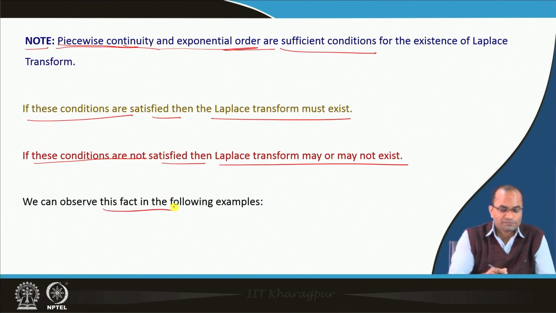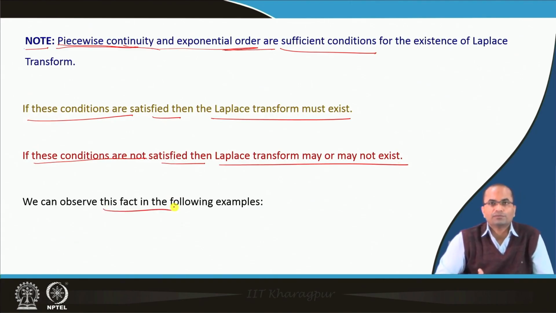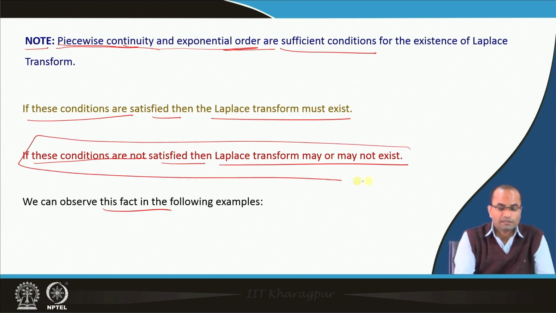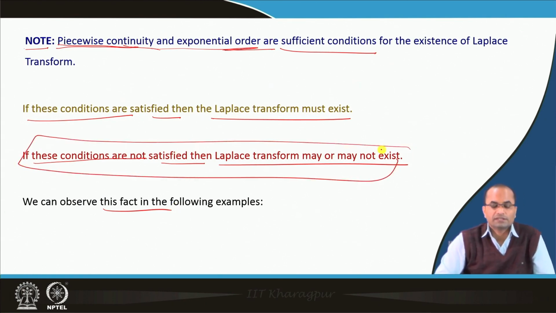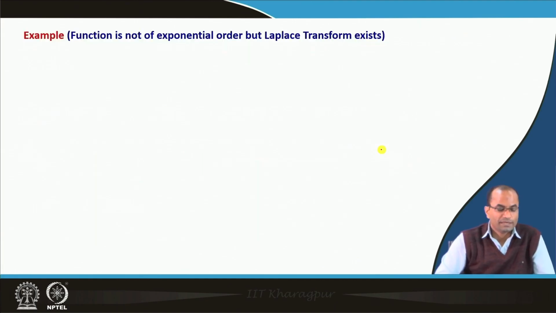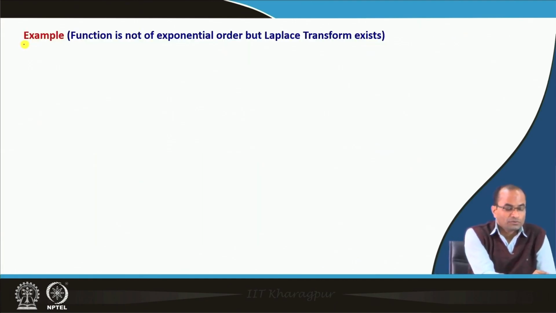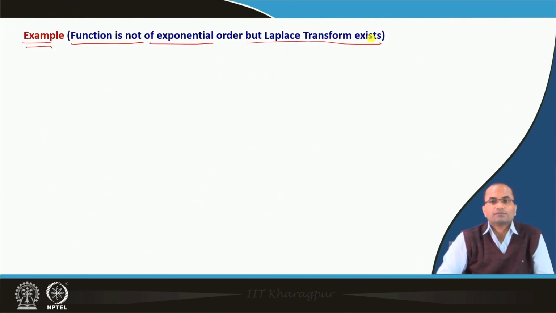We can observe this fact with the following examples. We have two examples now which can tell a little more about these sufficient conditions and the remark we have made here. First, we will take an example where the function is not of exponential order, but the Laplace transform exists.